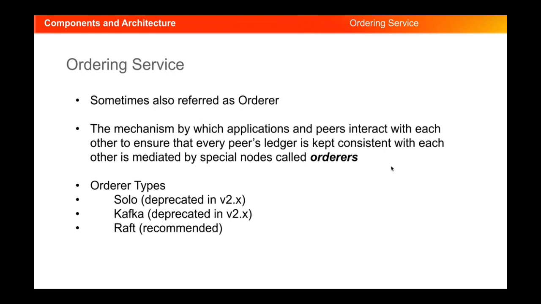There are different types of ordering service in Hyperledger Fabric. First one is Solo, Kafka and Raft. Solo and Kafka are deprecated in version 2.0 released by Hyperledger Fabric. The currently recommended ordering type is Raft.